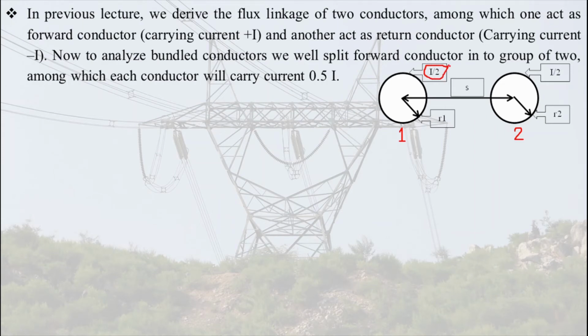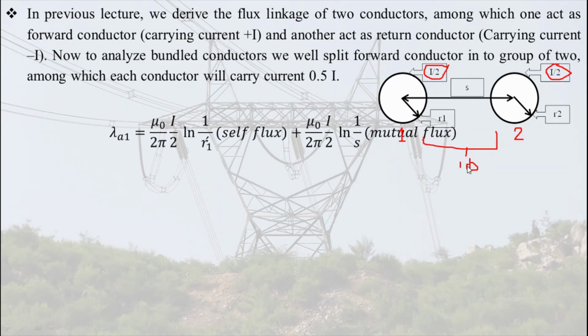Suppose this is conductor 1 and this is conductor 2. These 2 conductors belong to the same phase, that is phase A. Now we can write flux linkage of conductor 1 as lambda A1, meaning flux linkage of phase A of conductor 1. It is equal to mu naught upon 2 pi, and what is current? That is I by 2, so I by 2 ln 1 by r dash.